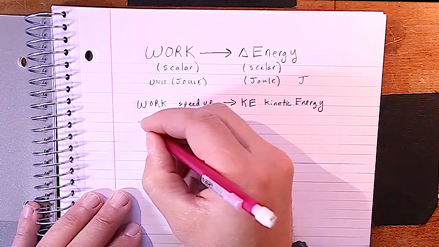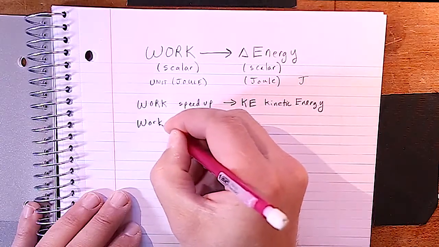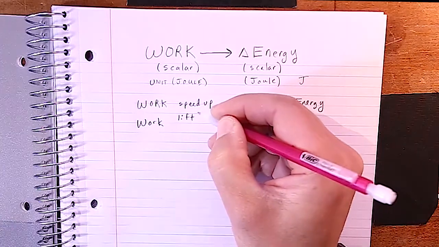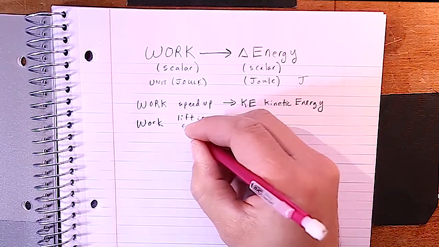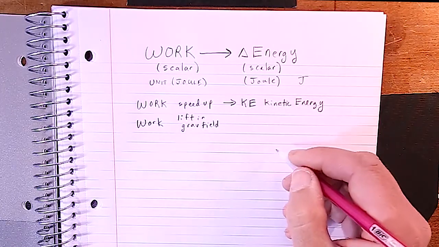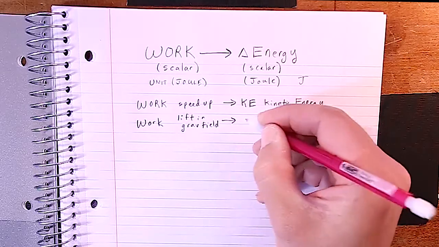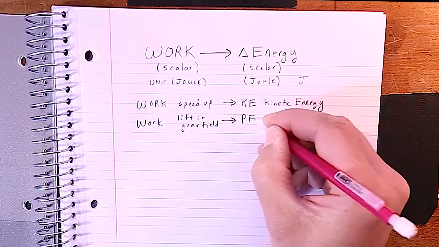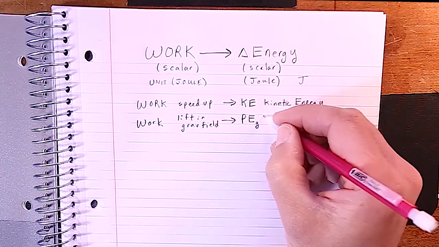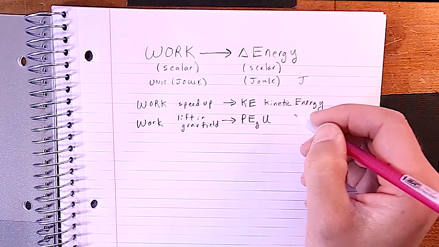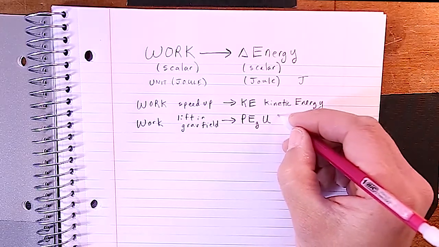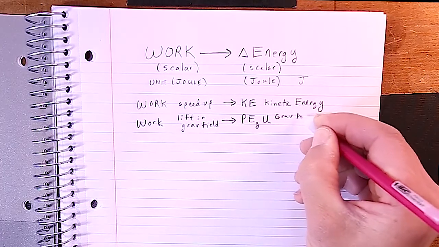What if we do work to lift an object in a gravitational field? Well, then we get gravitational potential energy, PE with a little g. Now, sometimes the letter U, capital U, is used for potential energy, but for the most part, we're going to stick to PEg.